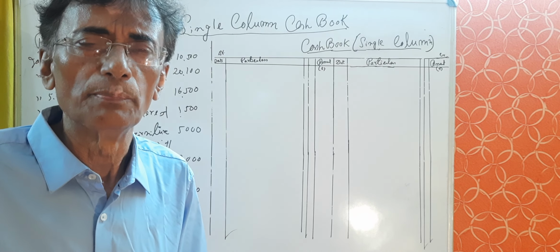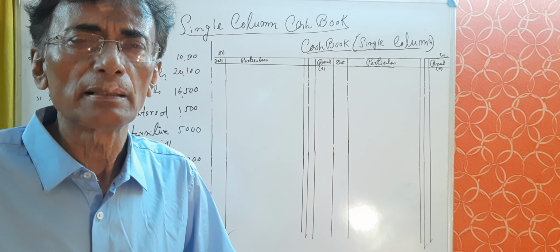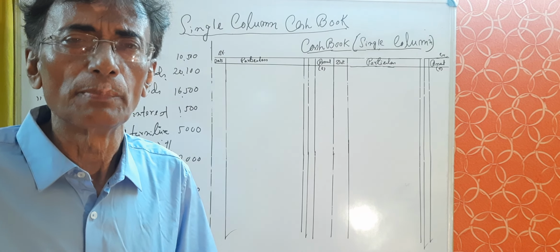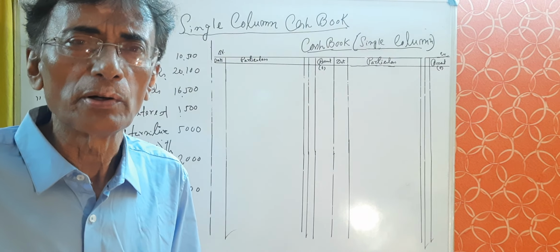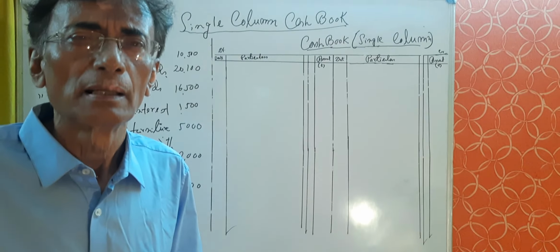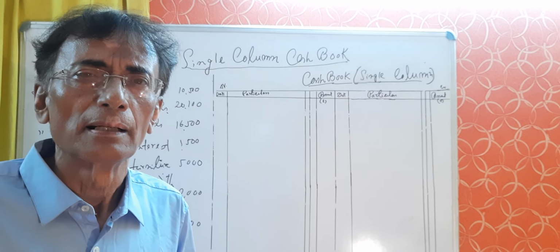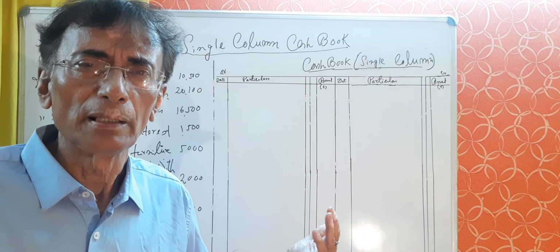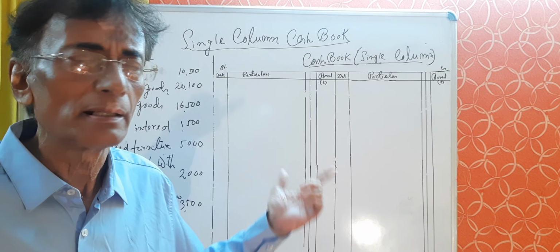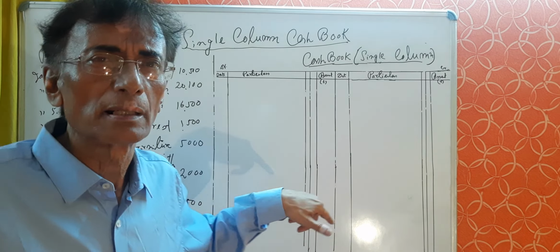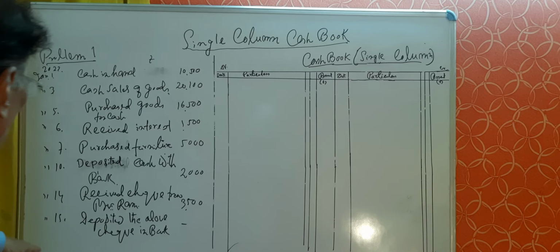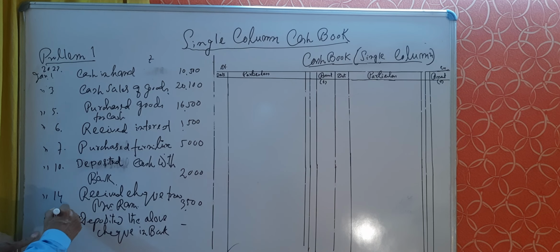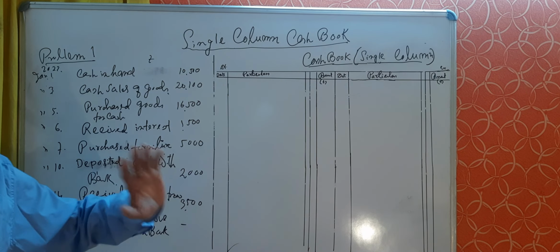Only big companies practically balance cash book daily, but academically, in problems and theoretically, we balance cash book as is directed in the problem or in the question. Here in this question, no direction has been given for balancing the cash book. Assuming the last date of the transaction is 15th, we shall balance the cash book on 15th Jan 2022.